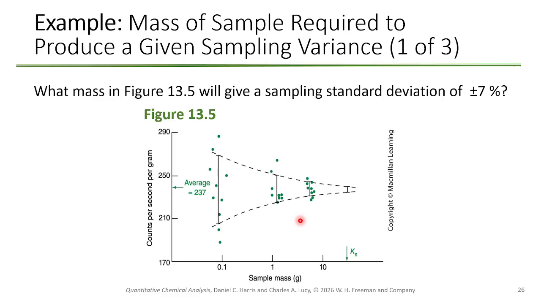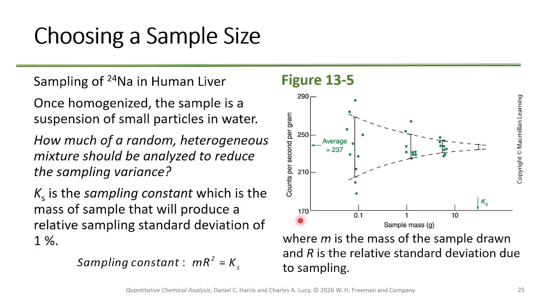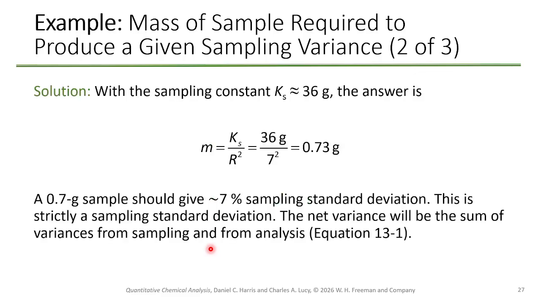And do you remember the formula that I'd given you on the previous slide? So we can figure out our Ks depending on the mass right there. And that one's our R squared, isn't it? That relative standard deviation. So the relative standard deviation is 7. So we're going to take 7 squared.